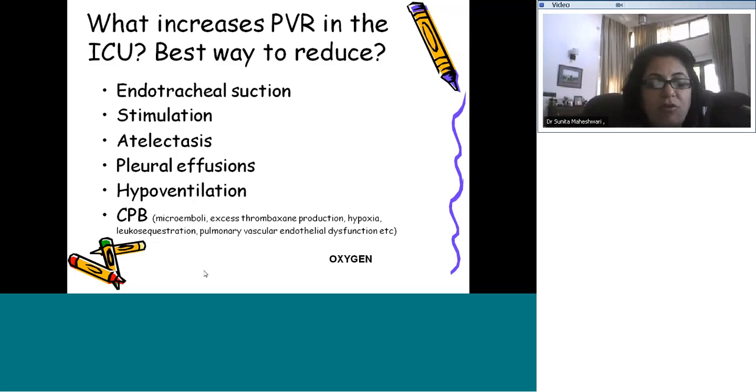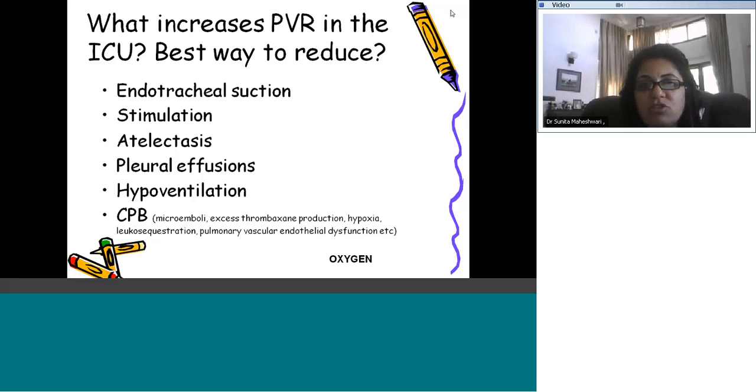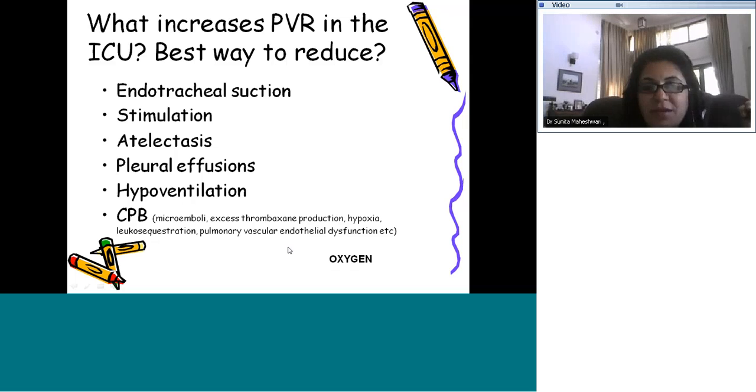But before all that, think of bag and mask, oxygen as number one, sedation and paralysis as number two, minimizing your stimulation overall, correcting your acidosis, because an acidotic patient, acidosis also increases PVR, and therefore correcting acidosis is very important. And the combination of all this should hopefully drop your PVR.